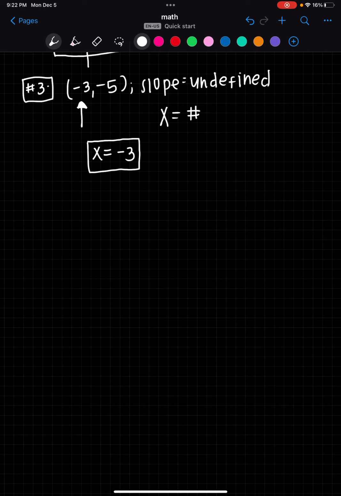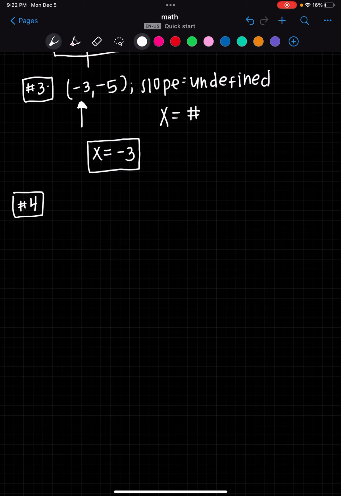Even if you had a slope of 0, you would still be able to use the point slope form, and it would still work out the way that you want it to. The only time you have to backtrack from that point slope form is when you have an undefined slope, but you just have to start with x equals. All right, now let's go through this last example.